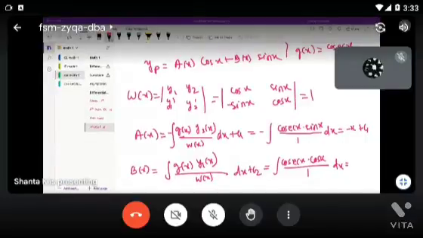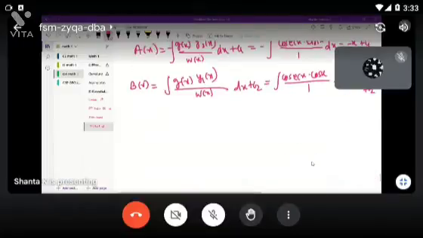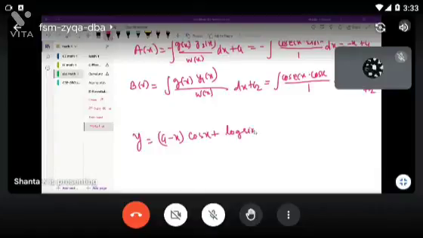Log of sin x, plus c2. Okay, so we have A of x, B of x. Now the general solution: y = (c1 minus x) cos x plus (log sin x plus c2) sin x.